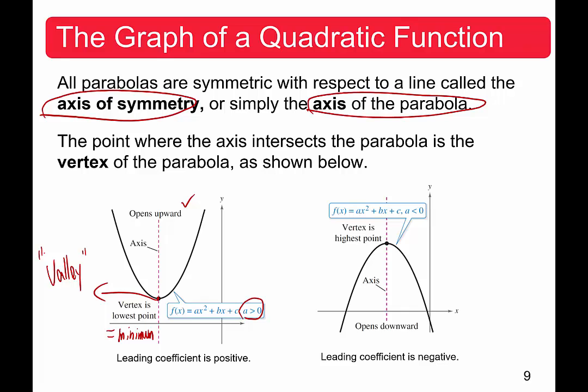It's the minimum. And if the parabola opens downward, that means the leading coefficient a is less than 0. Then the vertex is the same thing as the highest point. You can also say the maximum. The vertex is equivalent to the maximum.